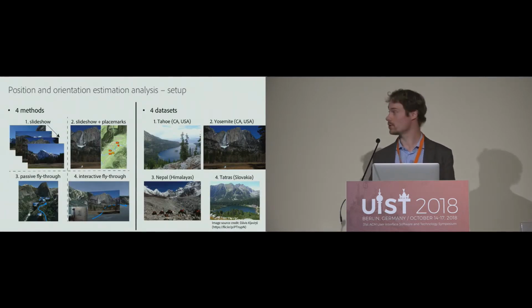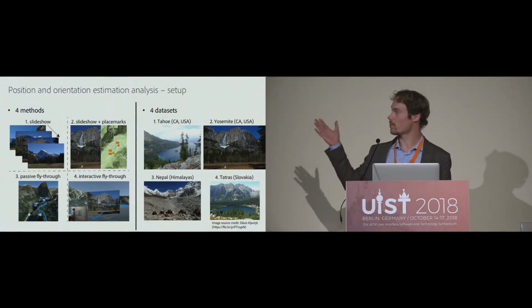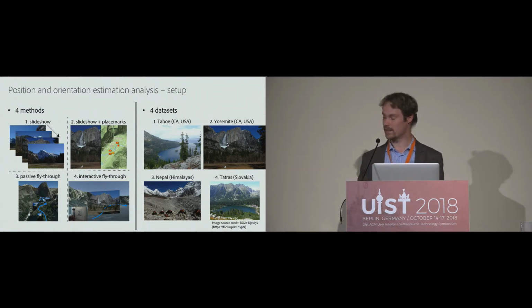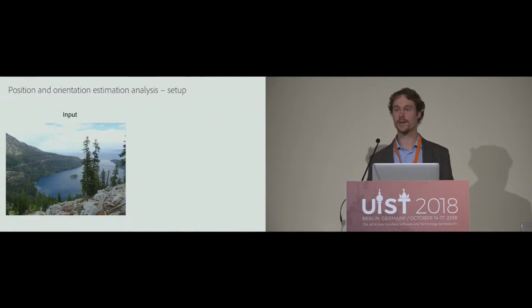Basically we show the slideshow or one mode of presentation to the user, and then we ask the user to complete another set of photographs. These are completely different from the first set, but are coming from the same hike. So they are somehow similar, but not exactly the same.